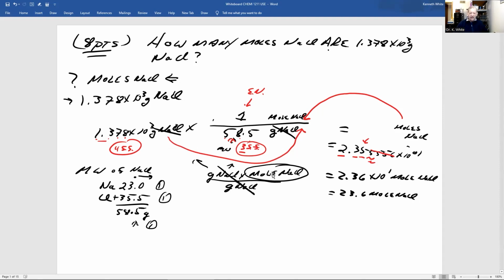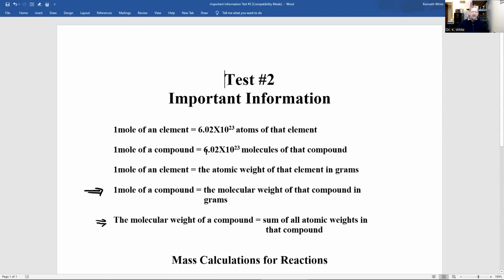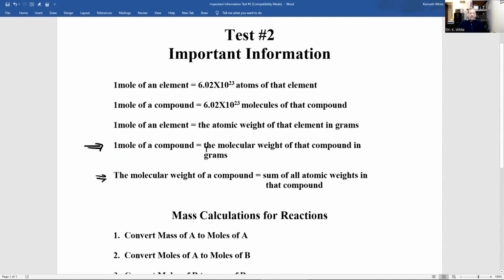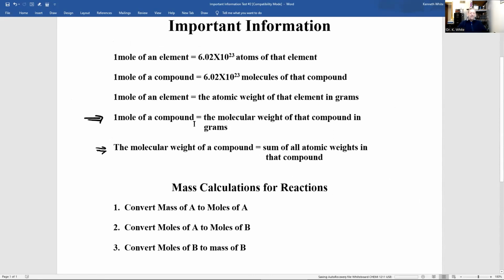And where do we get a relationship of moles of a compound to grams of a compound? From important information, test number 2. 1 mole of a compound equals the molecular weight of that compound, and the molecular weight of that compound equals the sum of all atomic weights.